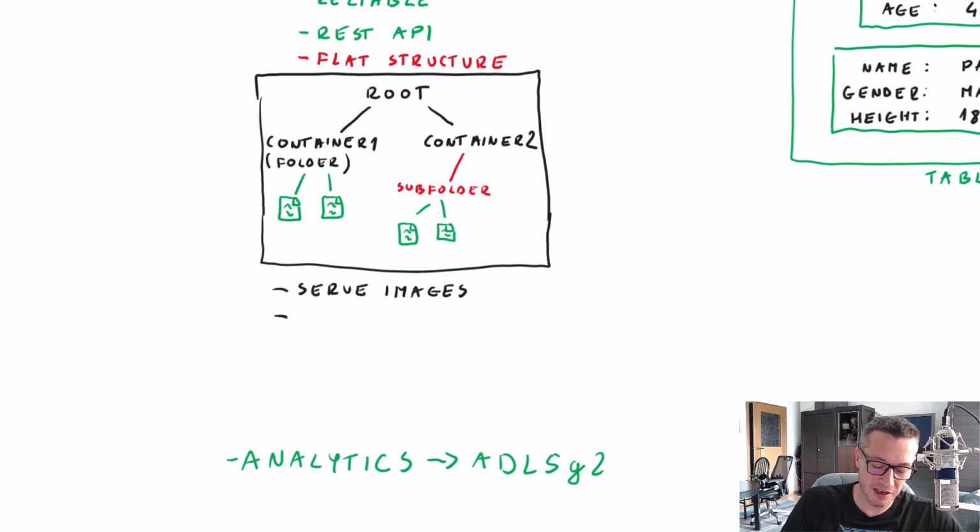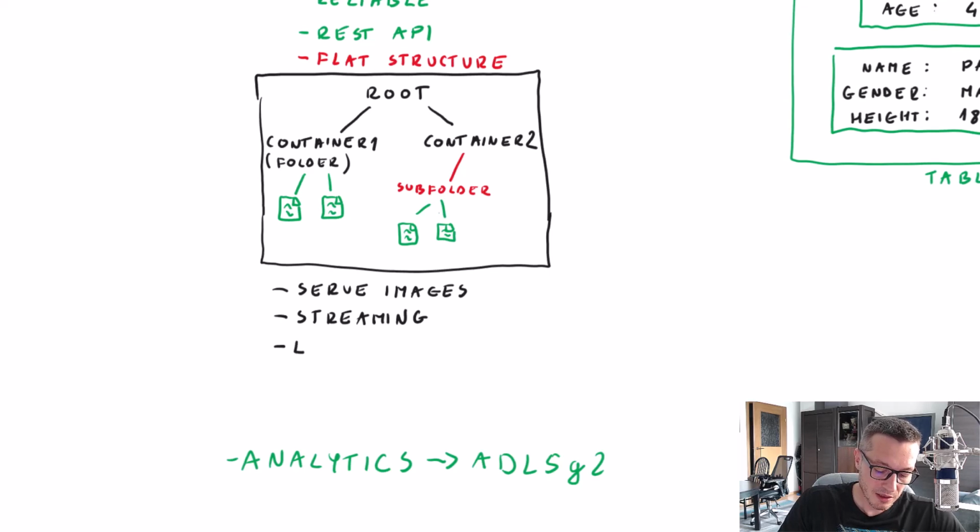Secondly, if we continue to work with this new YouTube and we want to stream videos from somewhere, then we've got to have some place where those movies would be stored. So blob storage would work quite well in this case.